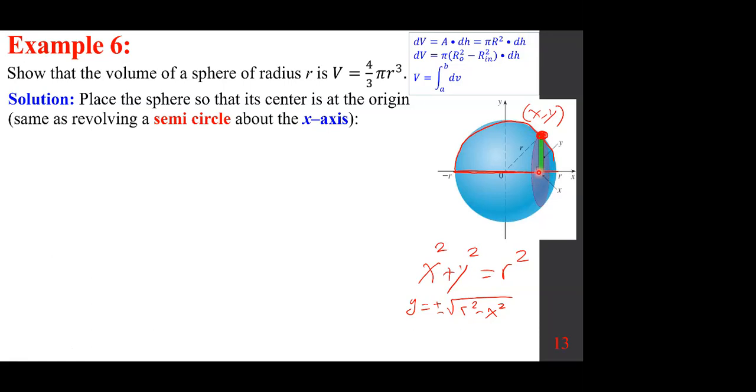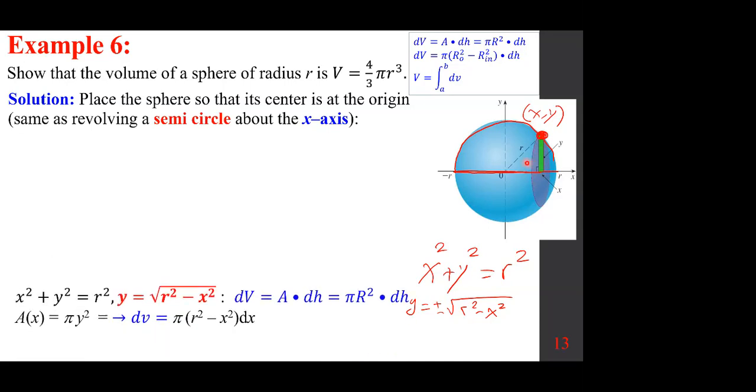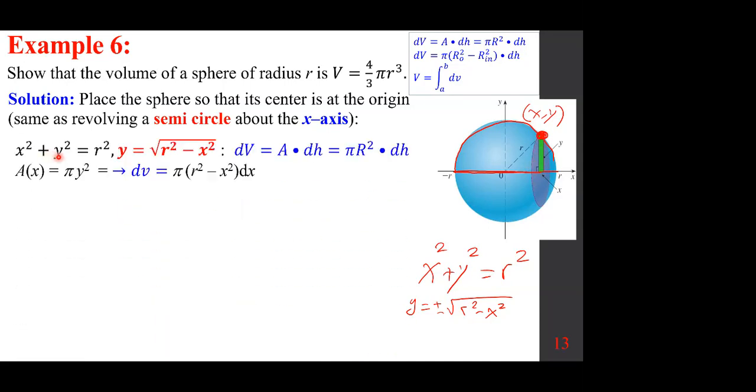So take a look. X squared plus y squared equals r squared. There are two answers. We just keep the top semicircle. dv is area times dh or pi r squared dh. We showed that the r is the y coordinate, everybody. And the y coordinate, we have the formula square root of r squared minus x squared. And dh, we said it's dx.